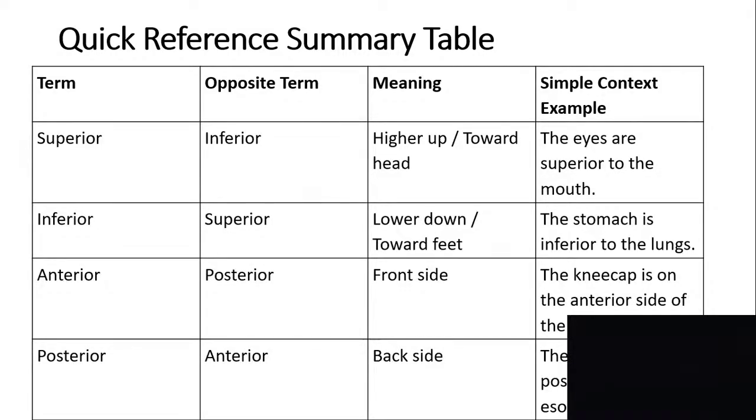Then inferior, whose opposite term is superior, meaning lower or towards the feet. Anterior, whose opposite term is posterior, means front side. Then posterior, whose opposite term is anterior, means at the back side.